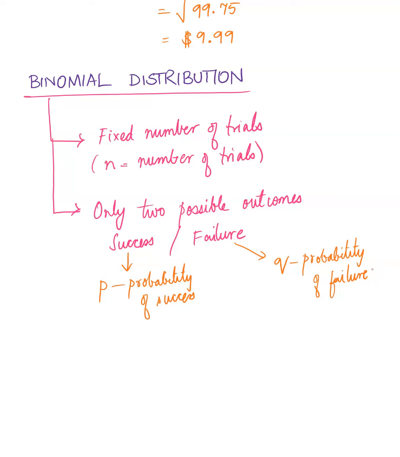Because we've exhausted everything. There can only be 2 outcomes. One is a success, one is the failure. If you took their probabilities and added them, you will get 1. So P plus Q will be 1, which implies Q is 1 minus P, or P is 1 minus Q, isn't it? This is like your complement rule, if you recall, because together they add up all the possibilities. And so the entire probability will be 1, right?